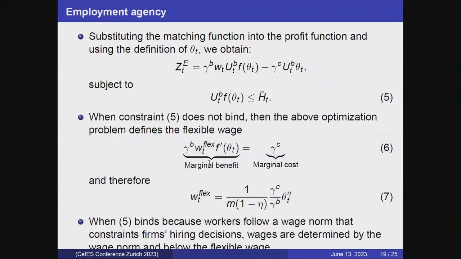In that case, the market becomes constrained by the wage being too high with respect to the flexible wage. So firms don't want to hire many workers because wages are too high. So the employment agency doesn't post too many vacancies, so it's the bound, okay? So this problem is no longer relevant for wages; what is going to be relevant for wages is the wage norm, okay?